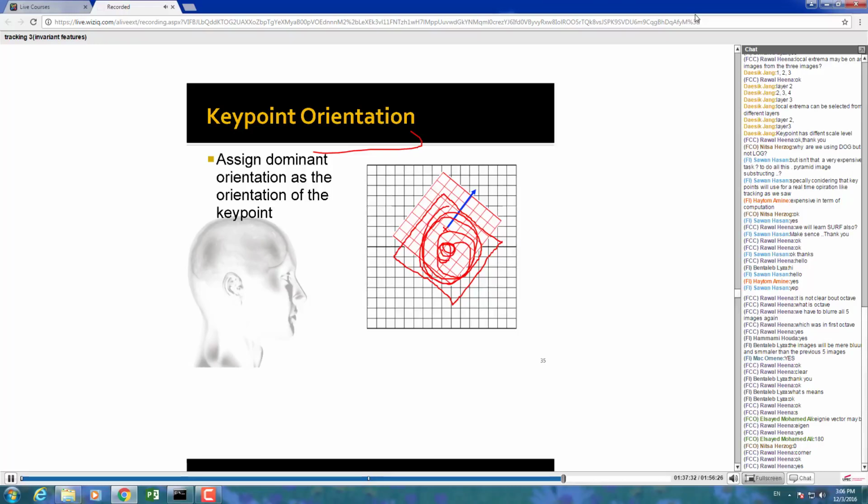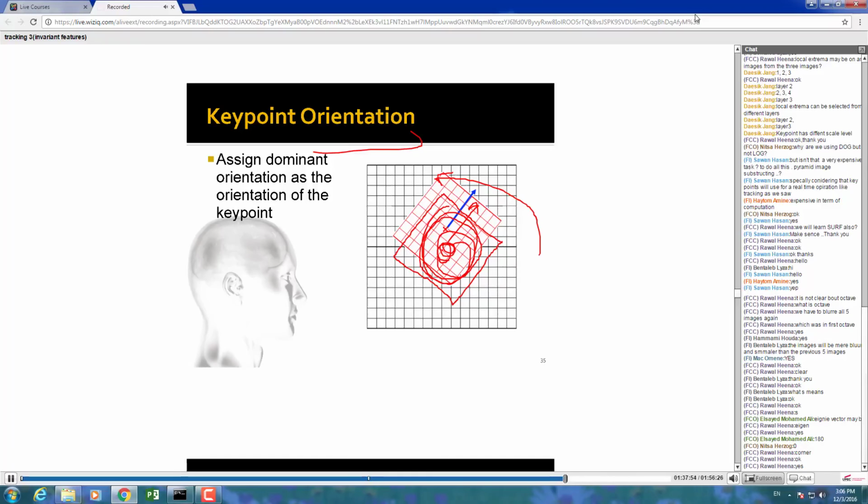Okay, so that's the way we make this descriptor rotation invariant. It means when the whole image is rotated, this orientation of the key point is actually following the image rotation.